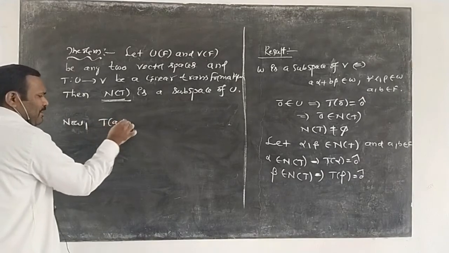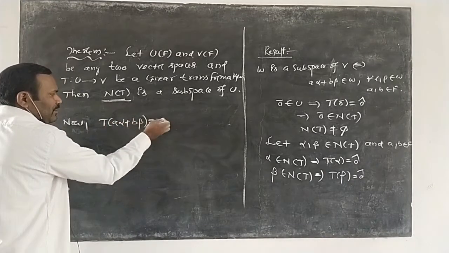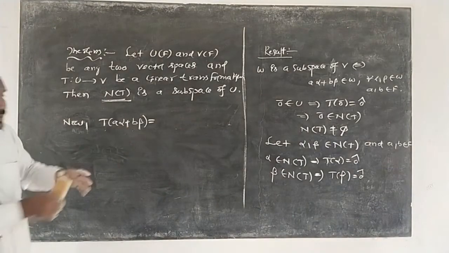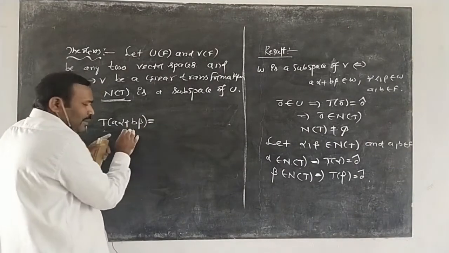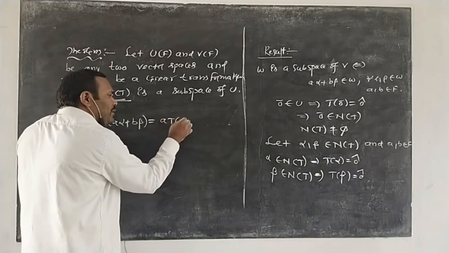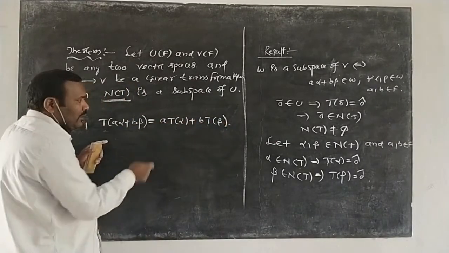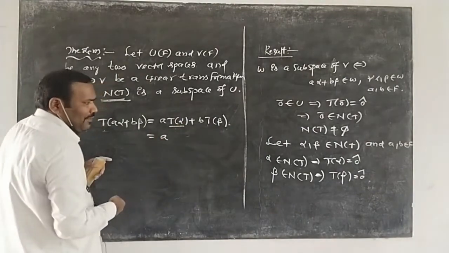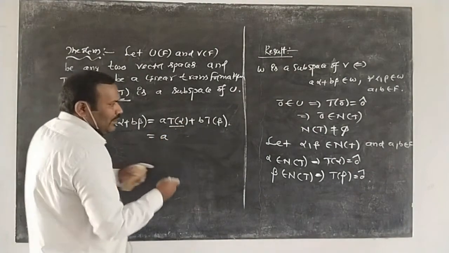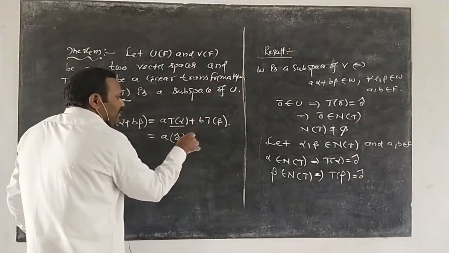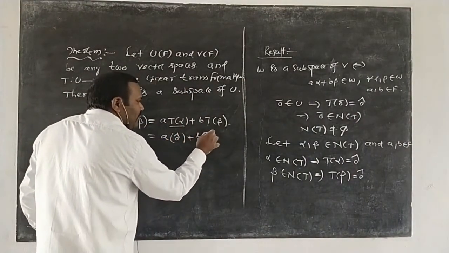Now T of A alpha plus B beta, by linear transformation, you can write as A into T of alpha plus B into T of beta. This is equal to A into, what is T of alpha? 0 cap, plus B into T of beta, which is 0.